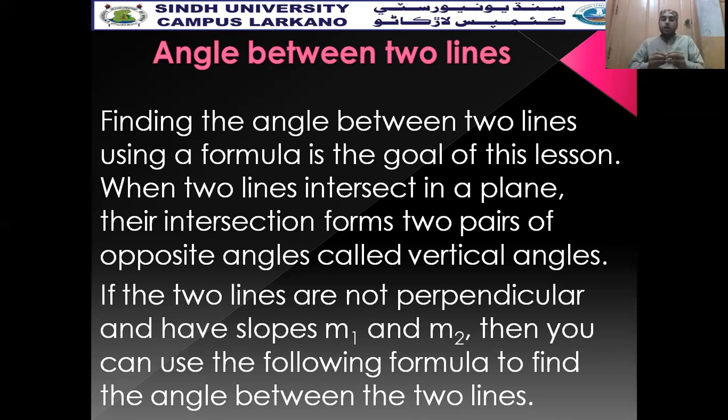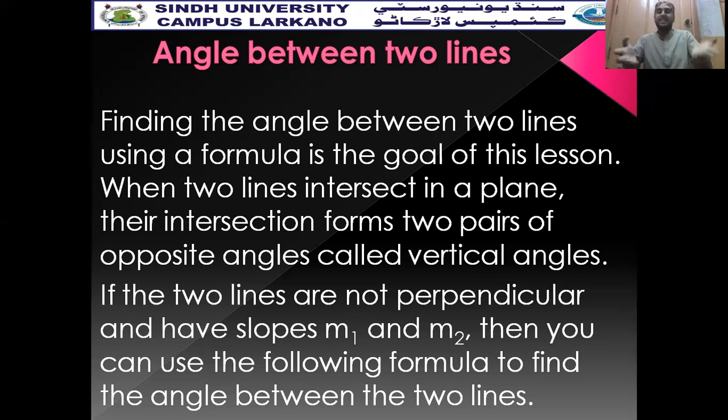If the two lines are not perpendicular and have slopes m1 and m2, then you can use the formula to find the angle between the two lines.